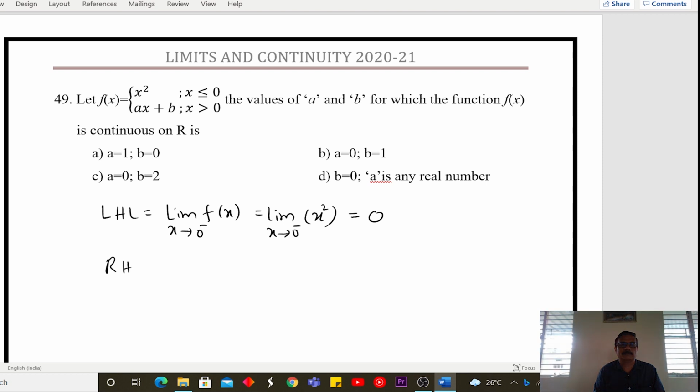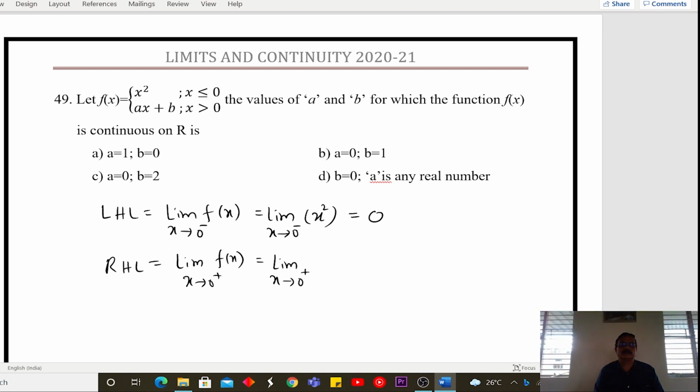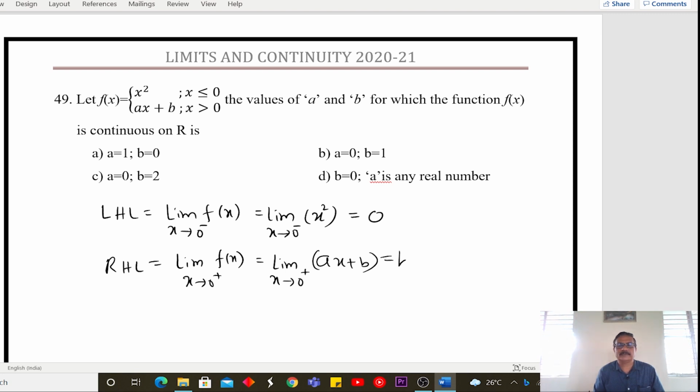Then take RHL, limit of f of x as x tends to 0 plus, select the function f of x such that x is more than 0, corresponding value is ax plus b. Put x equal to 0, this is 0, that is b. Now since it is continuous, by definition of continuity, LHL is equal to RHL. Now LHL is 0, RHL is b, therefore b is equal to 0.